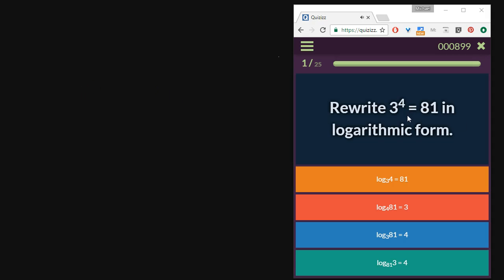So rewrite 3 to the power of 4 equals 81 in log form. All I want you to do is rearrange this. Let's try this: 3 to the power of 4 equals 81. Hopefully some of you recall the Weingarten World, which says that we just rewrite it as a log in this order.